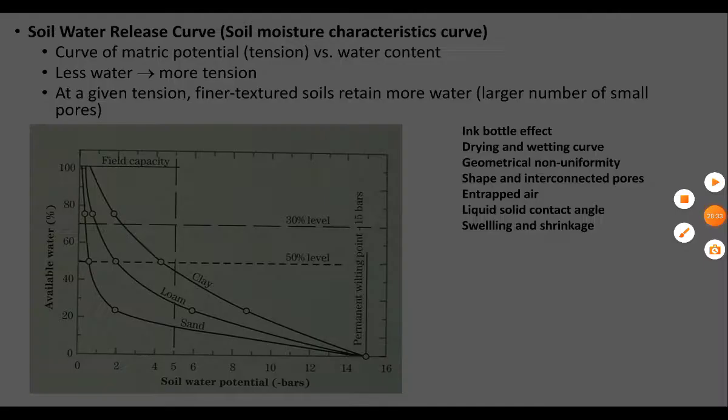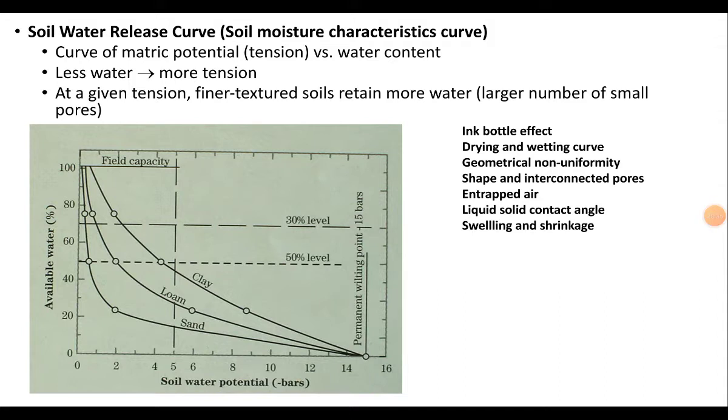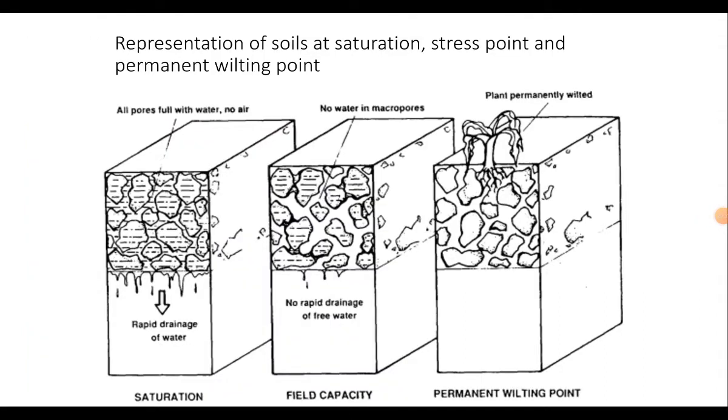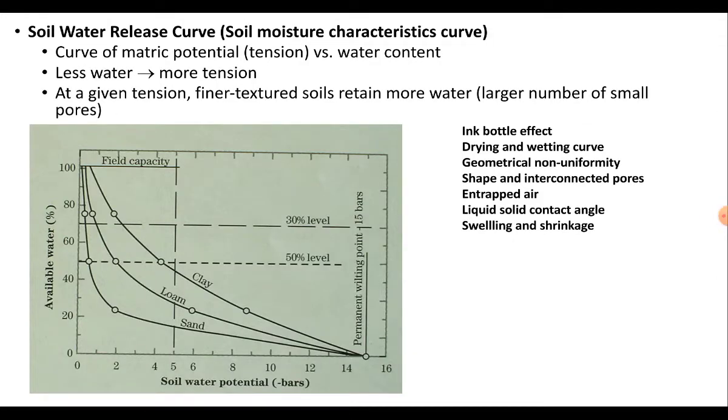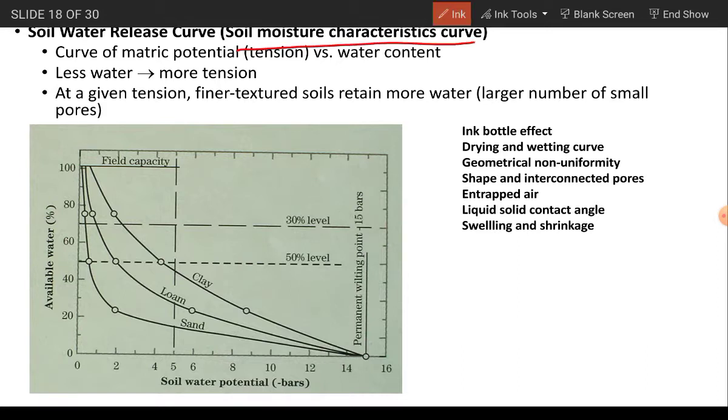Now comes the soil water release curve, or soil moisture characteristics curve, SMCC. The curve of matric potential versus water content is called the SMCC.